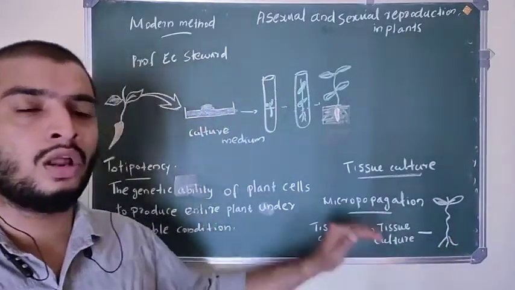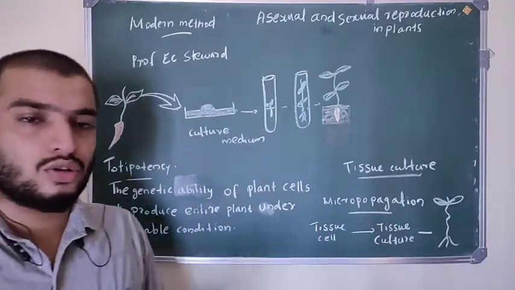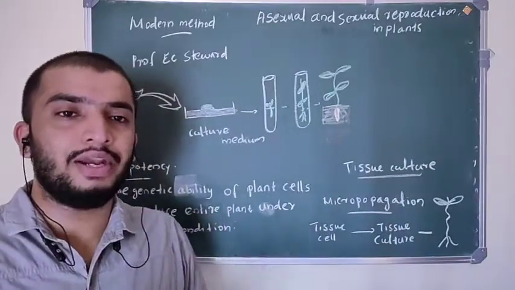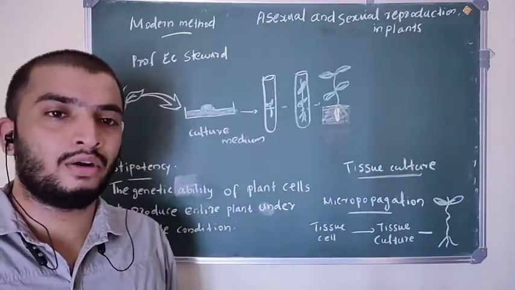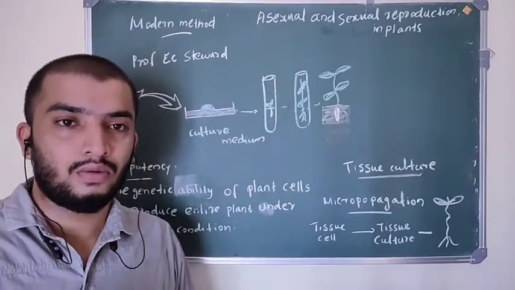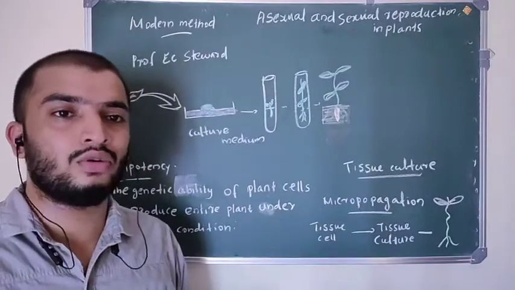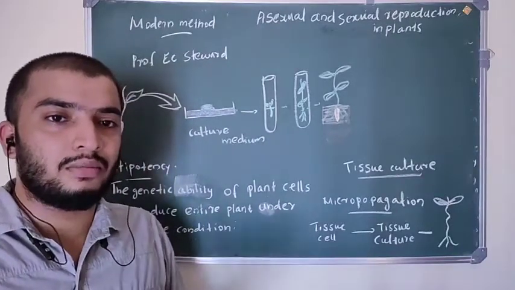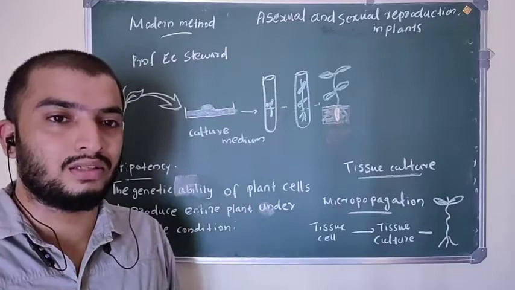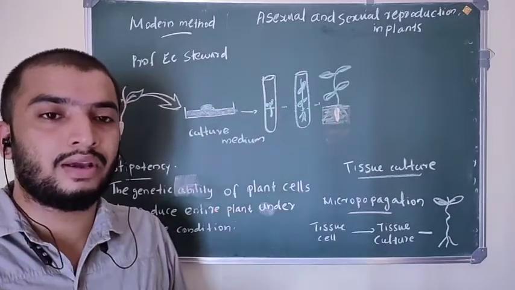So micropropagation is a widely used modern method of vegetative propagation. In the agriculture field, horticulture field and also in the industrial field, this is the way of propagation of plants.